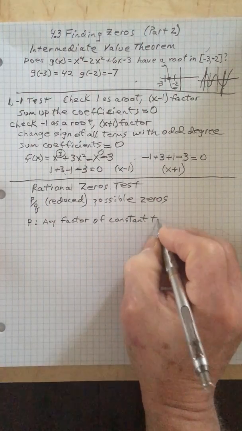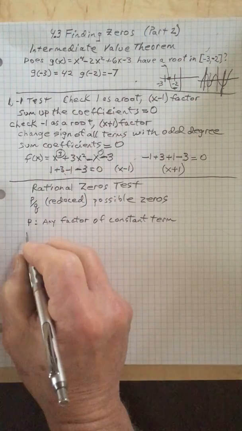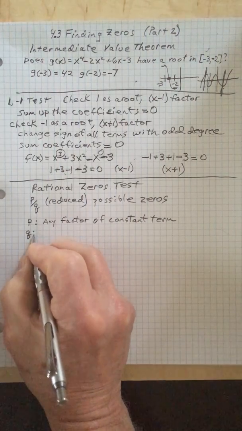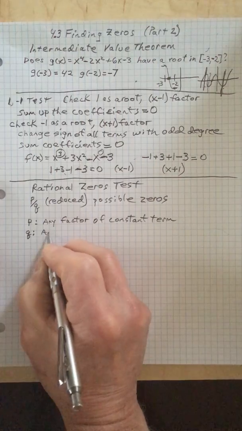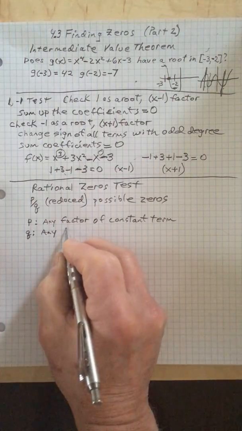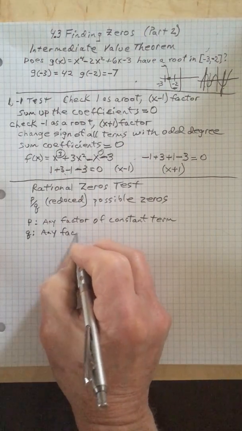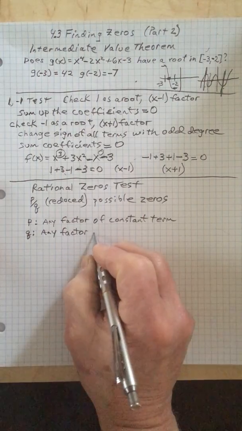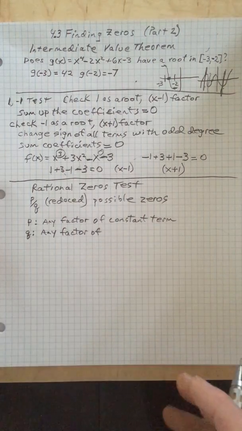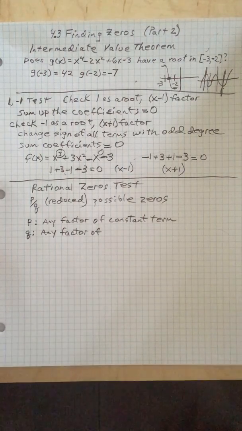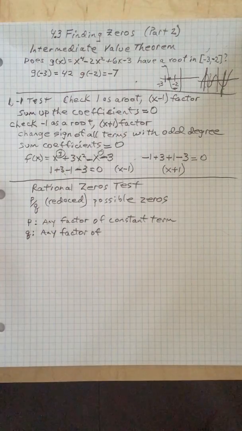And what is q? Very similar. q is any factor of the leading term, and remember that leading term, when the thing's in standard order form, will be the left-handmost term, and that should be the term with the highest degree.